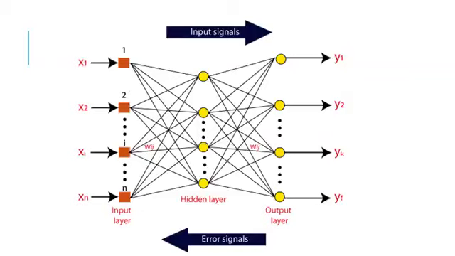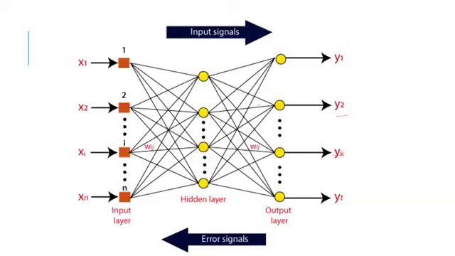First, the initial weights will be assigned, and based on those, the output will be generated at the output layer. That output would definitely not be accurate because no learning has happened. The weights have just been randomly assigned and we are calculating the output. But that is the starting point, and from there it will start improving the results.